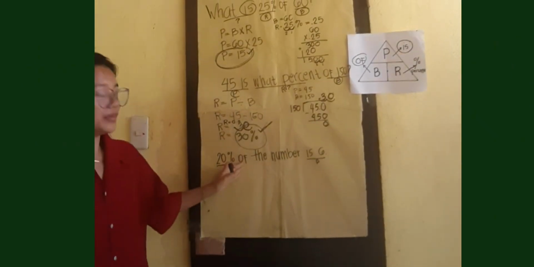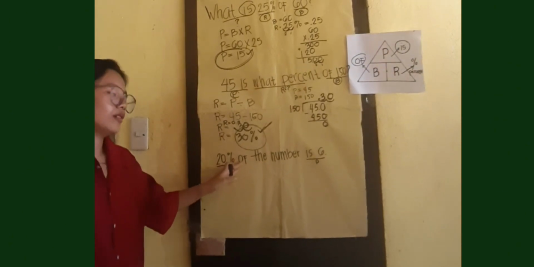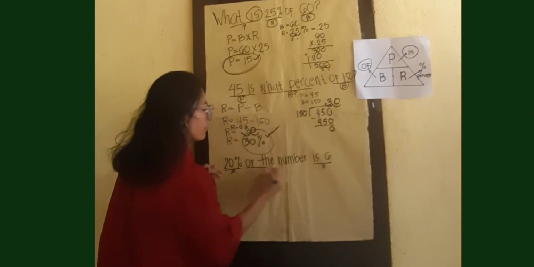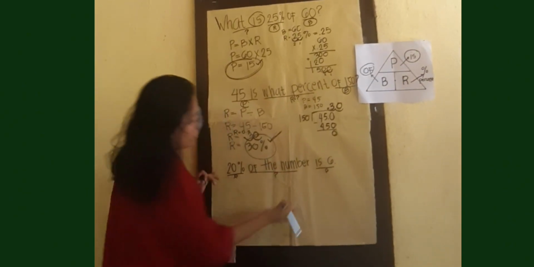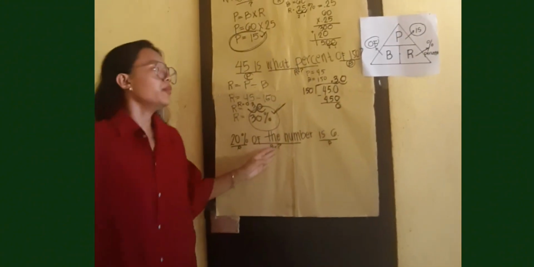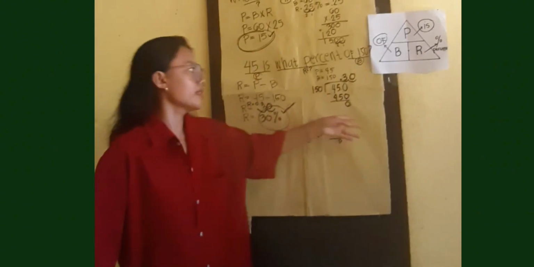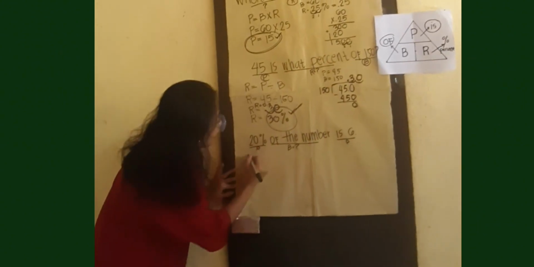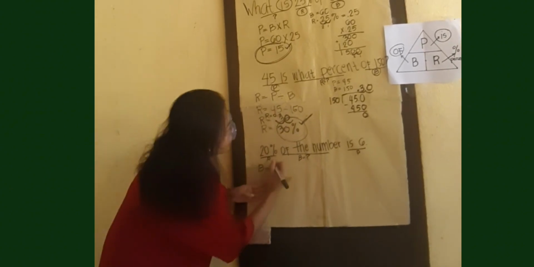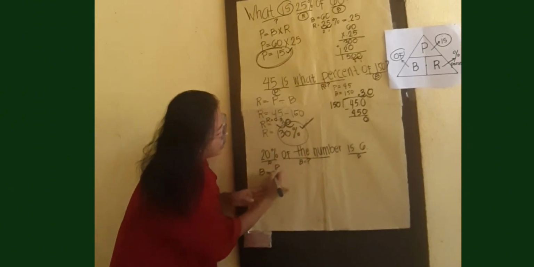And the missing is the base, very good, of the number is unknown. So, ang formula nga gamiton, base kay unknown. So, the formula we're gonna use is B equals percentage divided by rate.